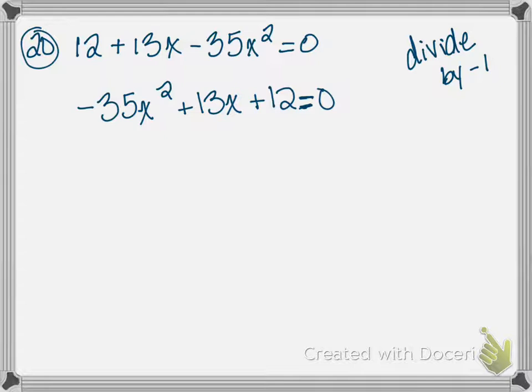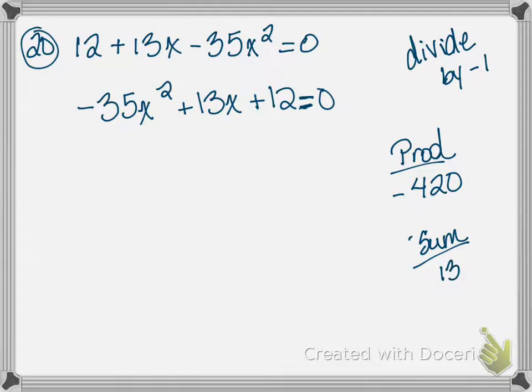So we're going to go ahead and multiply 35 times 12. And like I said, we're looking at some very large numbers. So our product here is going to be negative 420. Our sum at this point is going to be positive 13.